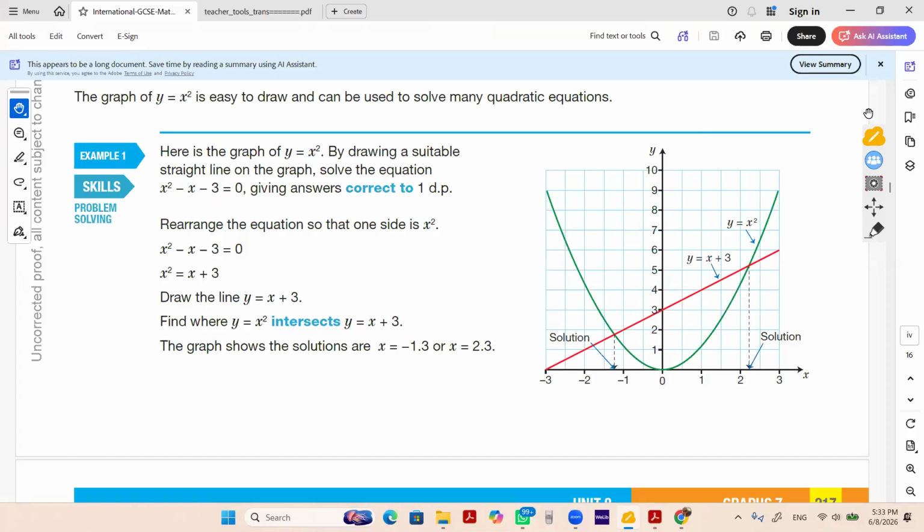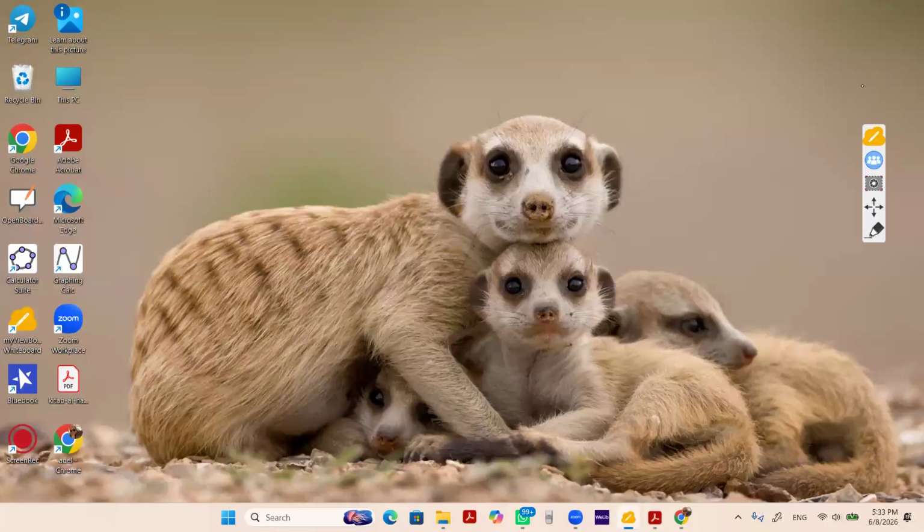If we have to get the vertex of this function, y equals x squared plus 3x plus 2, this function's general form is y equals ax squared plus bx plus c.